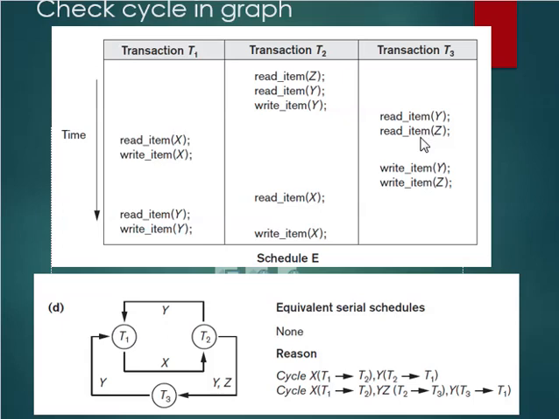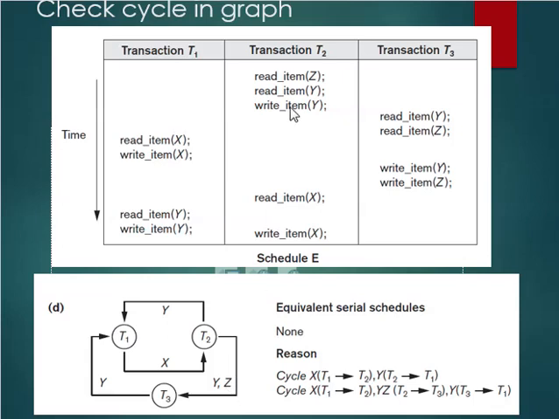But after that you can see there is write item Z. So that indicates T2 has some conflict with T3. So you have to draw the line from T2 to T3. So just look into the graph. You can see there is an edge from T2 to T3, and first we mark Z.